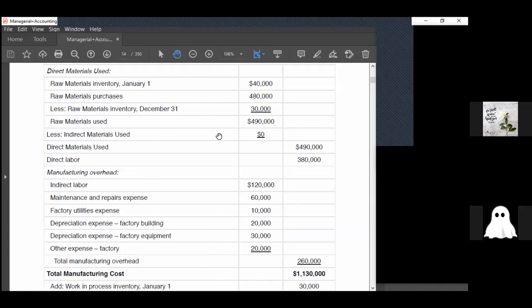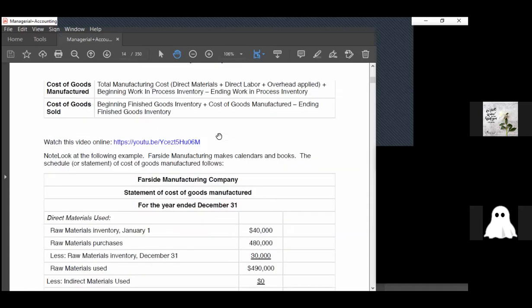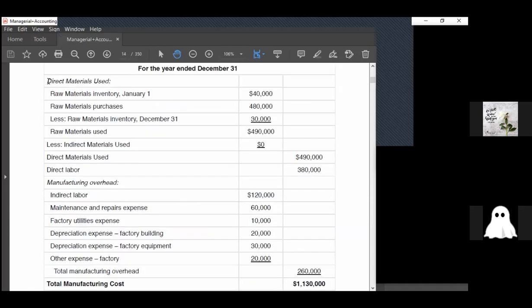So let me create this into one statement and provide it to you in an Excel sheet. I'll create an Excel sheet with one statement that is easy to remember and see.